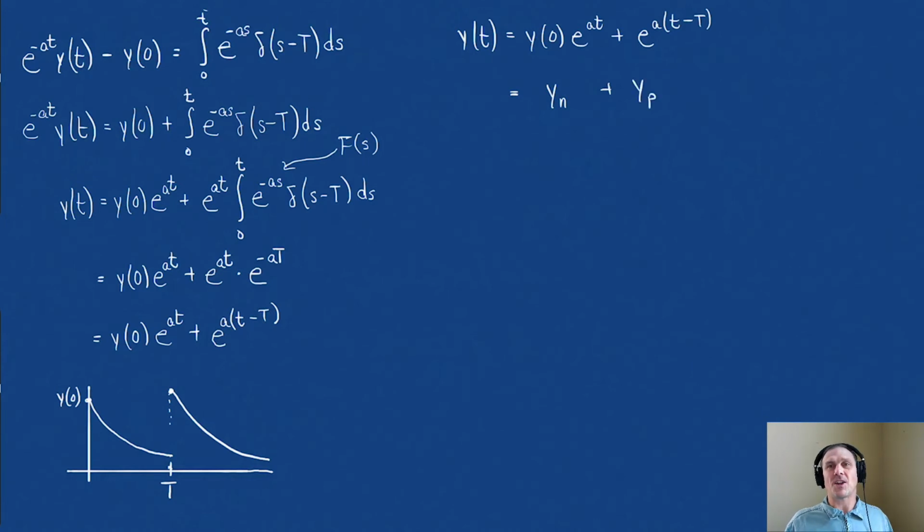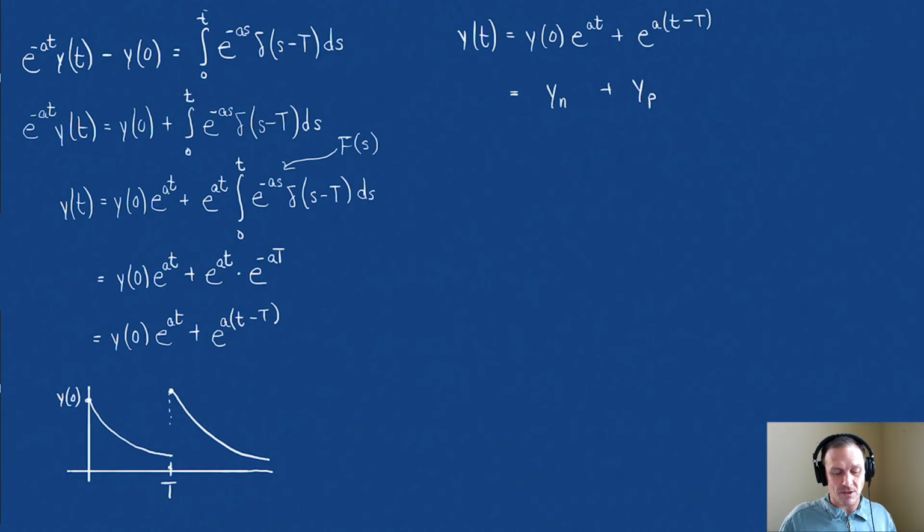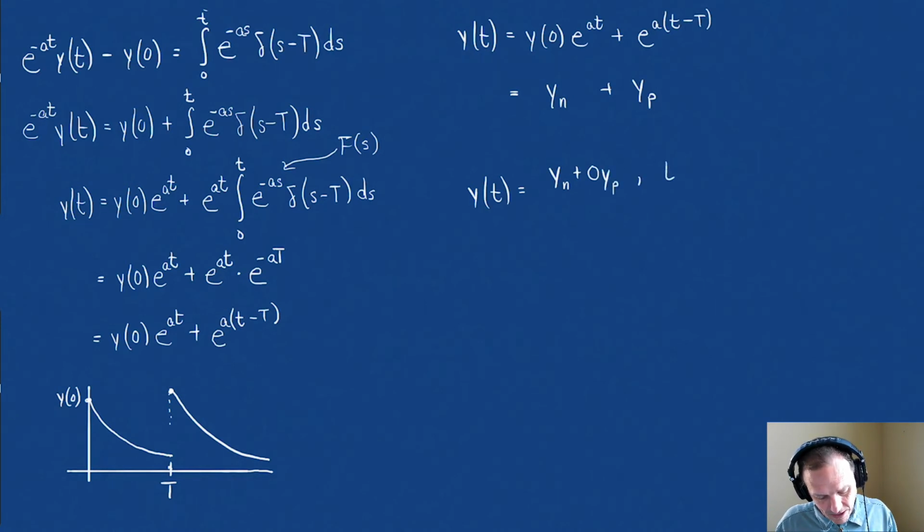Because remember, nothing happened at t of 0, so there's no contribution from our integral into the null solution. And so y of t equals, well, initially it's just y null, and it gets 0 from my particular solution. And this is for t less than capital T.